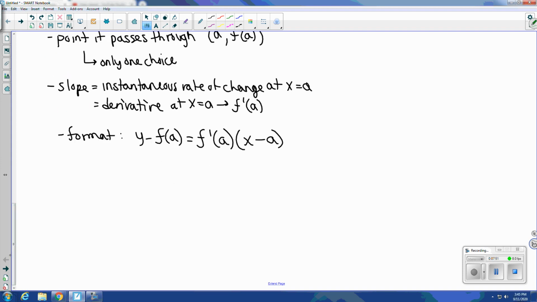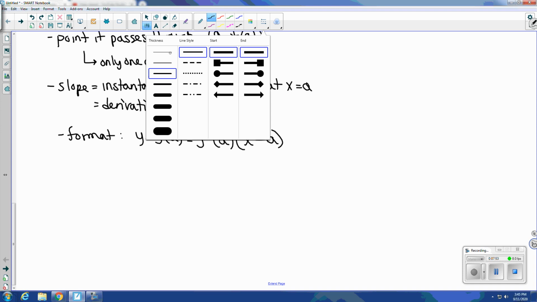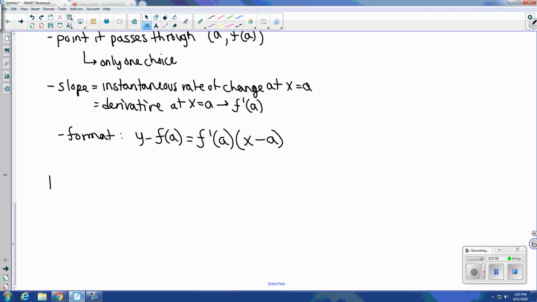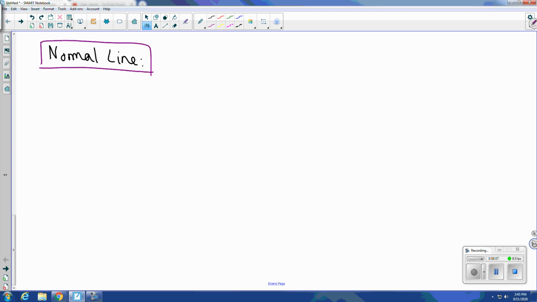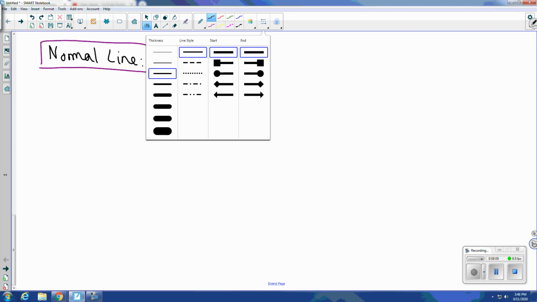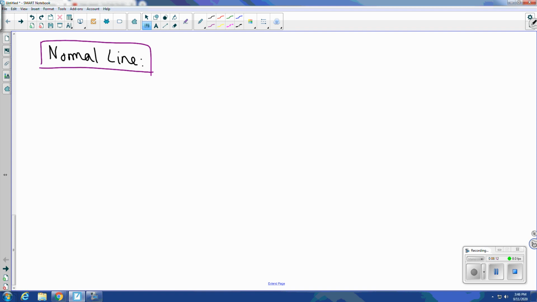And then lastly, what about our normal line? For the normal line, again, we determine a point it passes through.